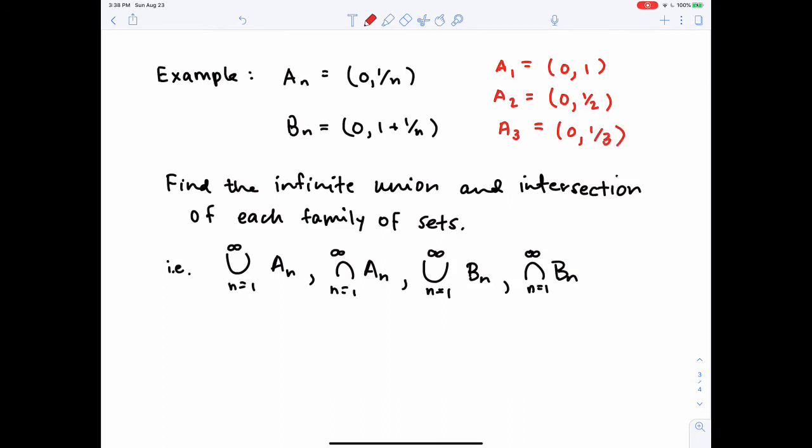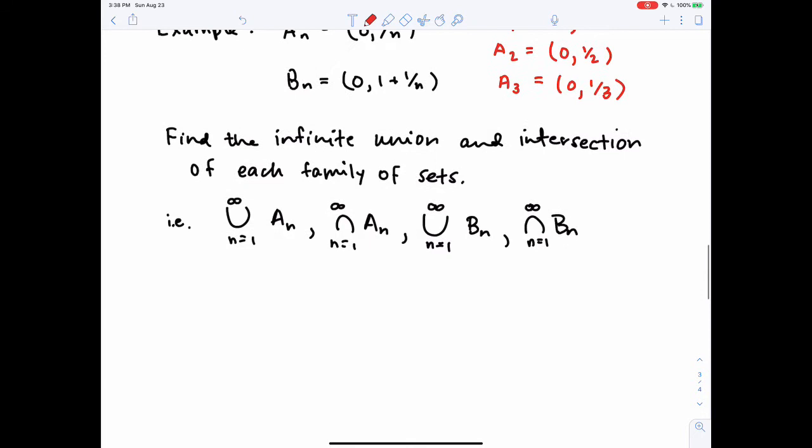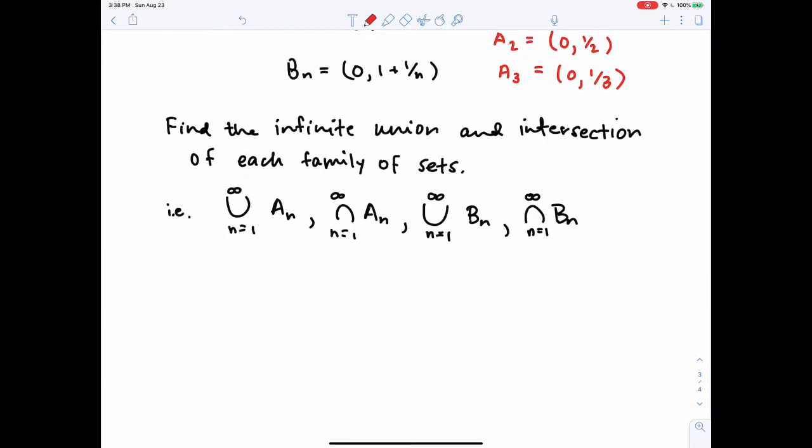And so what we see, if I were to draw a picture of these, my sets are always going to be open over here on 0, and they're going to go as far as 1, and then I'll draw up above this. The next set is going to go like that, and then I go to a third.